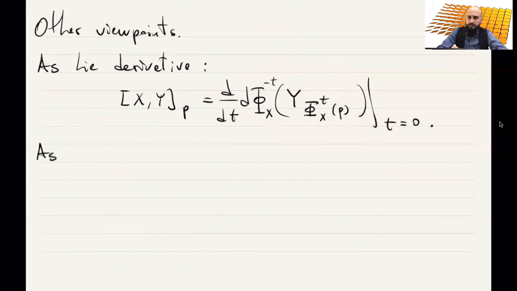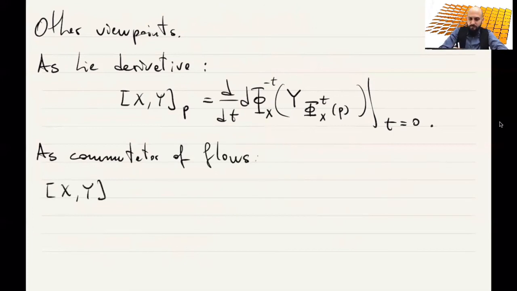Okay, this is one formula. Another formula is as commutator of flows. So the vector field [X,Y] at the point p is obtained like this.